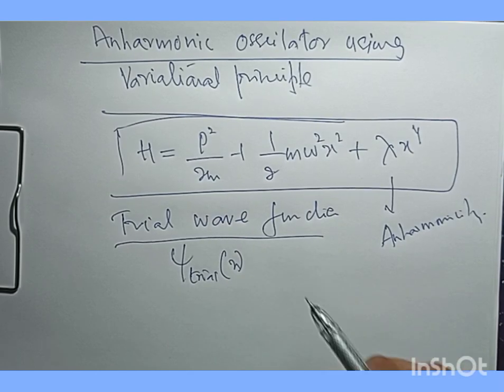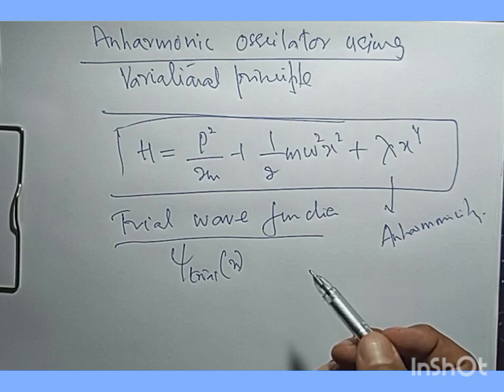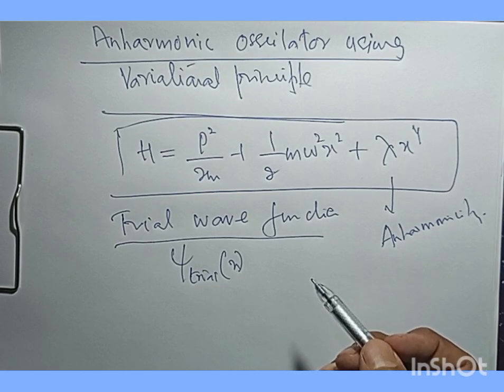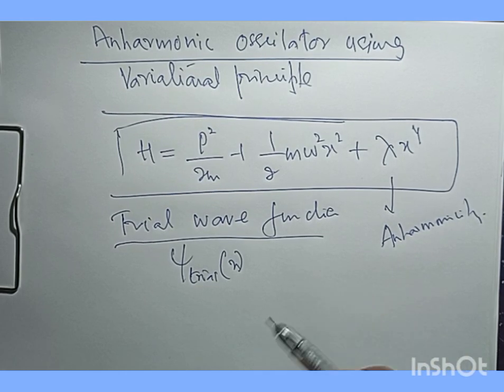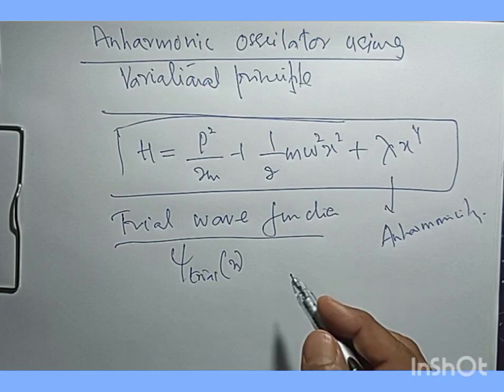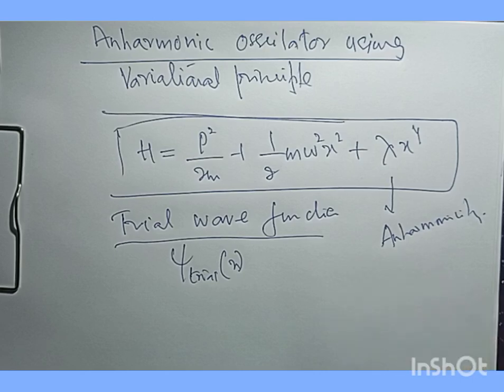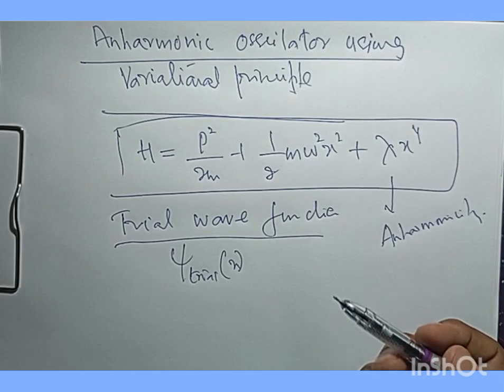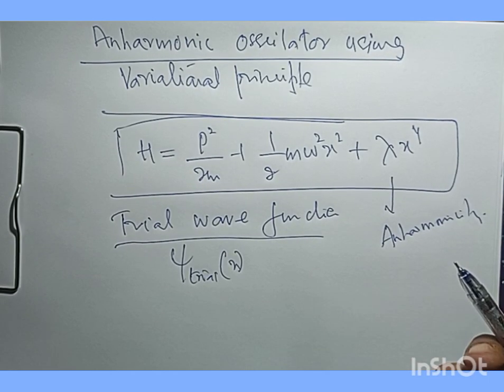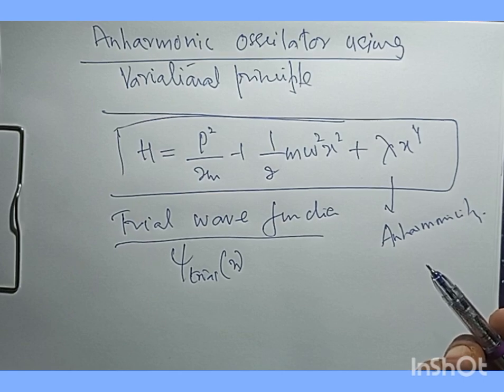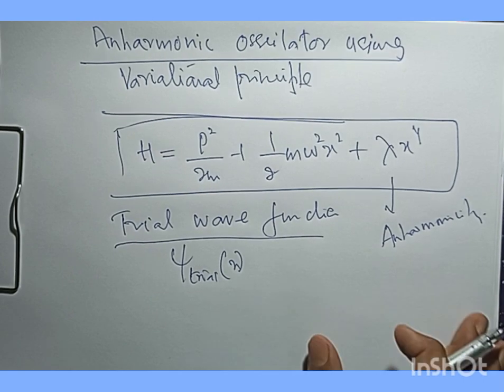This function should resemble the exact wave function of the system, and it should also obey good boundary conditions like going to 0 as x tends to infinity. For the anharmonic oscillator, a good trial wave function is often chosen to resemble the ground state of the harmonic oscillator with a parameter that's varied.